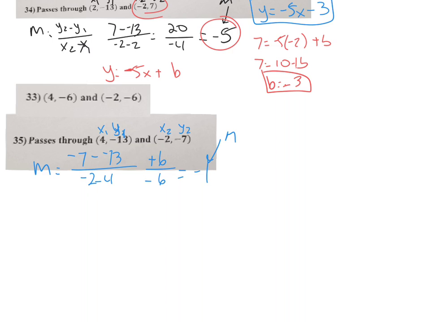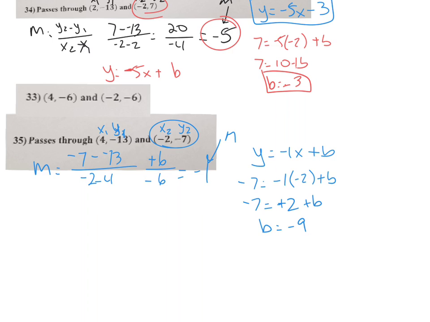So since my slope is negative 1, I'm going to plug it in. I'm going to say y equals negative 1x plus b. I don't know what b is, but I do have an x and a y, so I'm going to say negative 7 equals negative 1, and instead of x I put negative 2, plus b. So we get negative 7 equals positive 2 plus b. I subtract 2 from both sides, so b is going to be equal to negative 9.